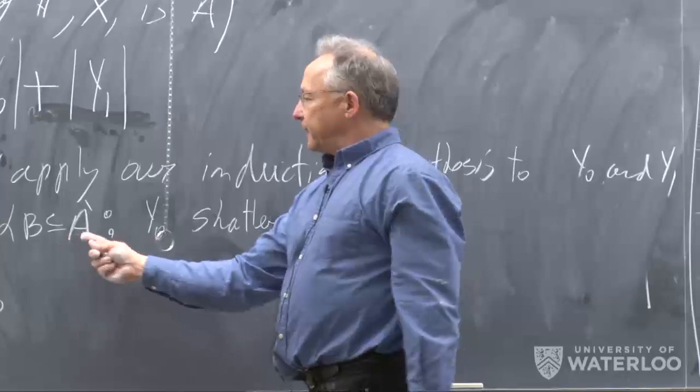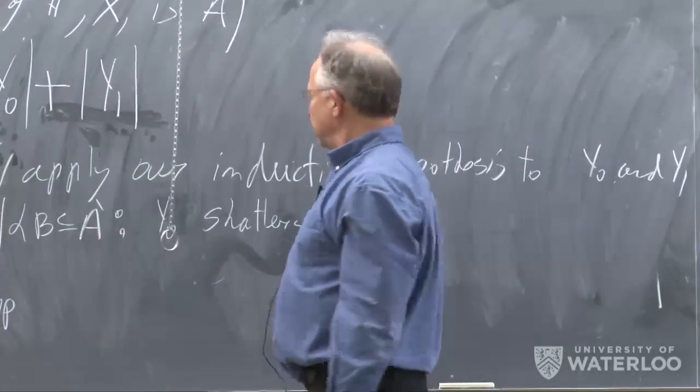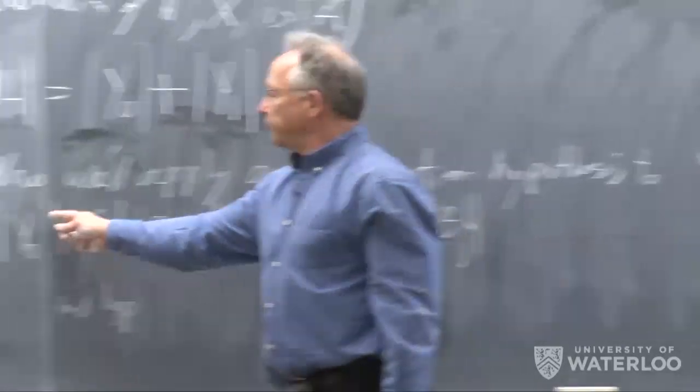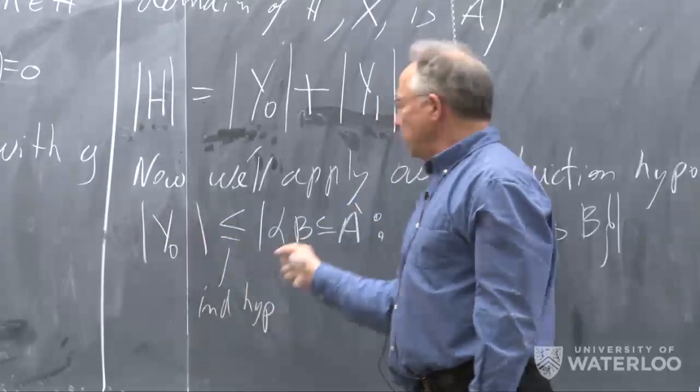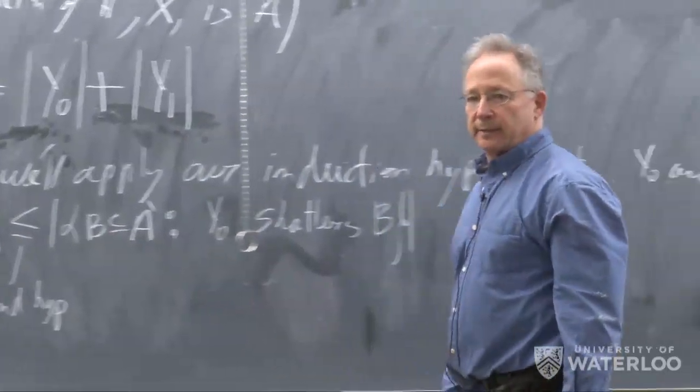The number of behaviors on Y0 is bounded by the number of shattered sets there.